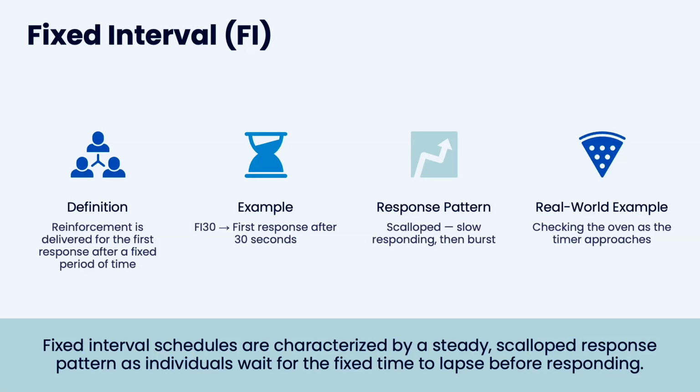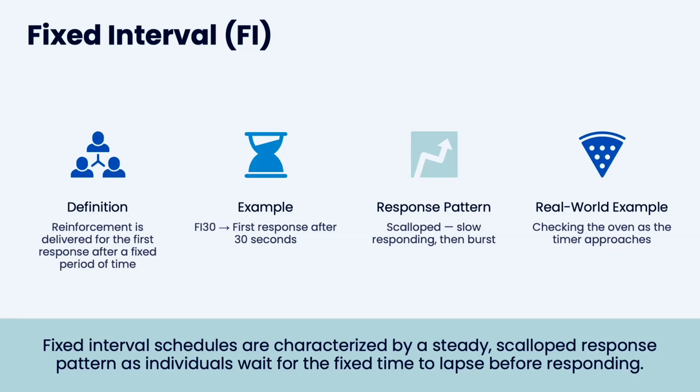What this creates is a scallop: slow responding and then a burst at the end. They learn what's going on, and they'll kind of not respond in the first 20 seconds. And then in that last 10 seconds, they'll respond a lot until they get their reinforcement. So it does something similar to the fixed ratio in that way.